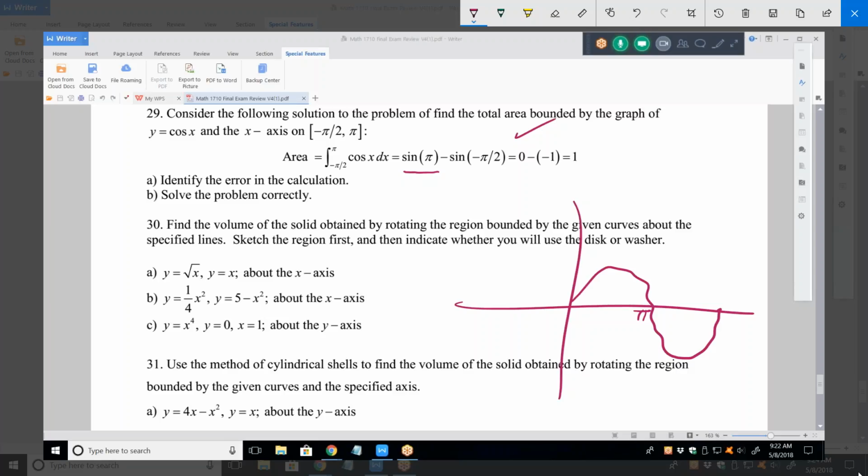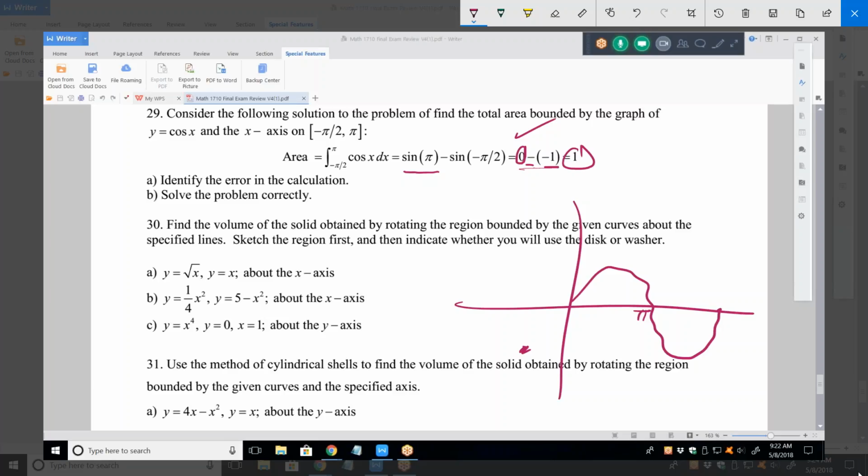Oh, okay. So that's 0. That's the correct answer. It's a negative sign. And then the sine of minus pi over 2 would also be negative 1. So that's correct. Two negatives becomes a positive. One appears to be right. I'm not sure I see an error.